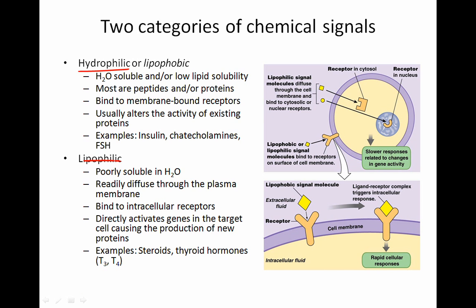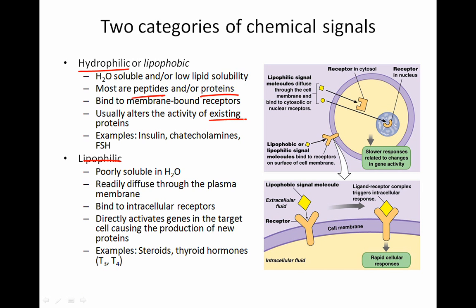Hydrophilic molecules are water soluble and or poorly lipid soluble. They're primarily proteins or peptides. They bind to receptors found on the surface of the cell, so membrane-bound receptors. That would make sense. They're water-loving. They can't penetrate through the membrane, so they have to bind to something that's on the surface.